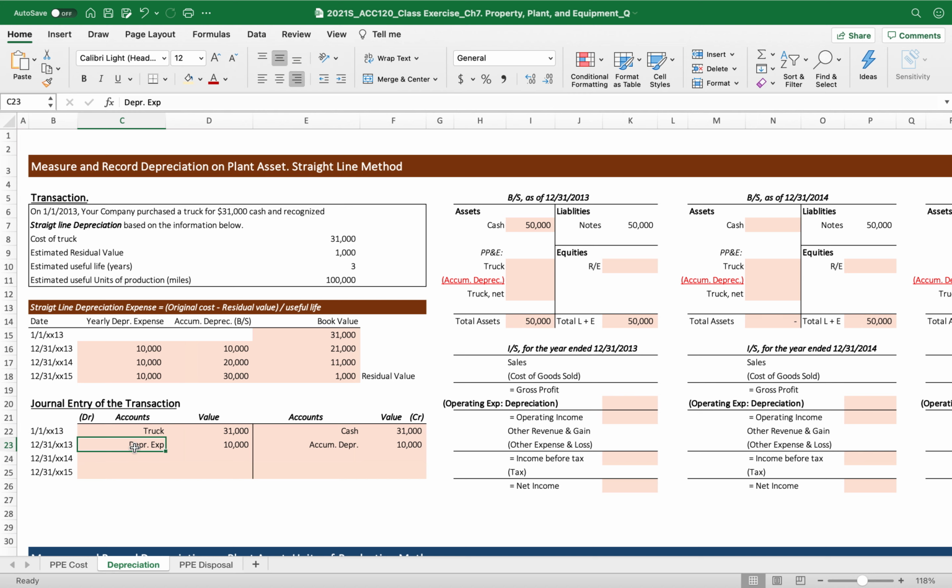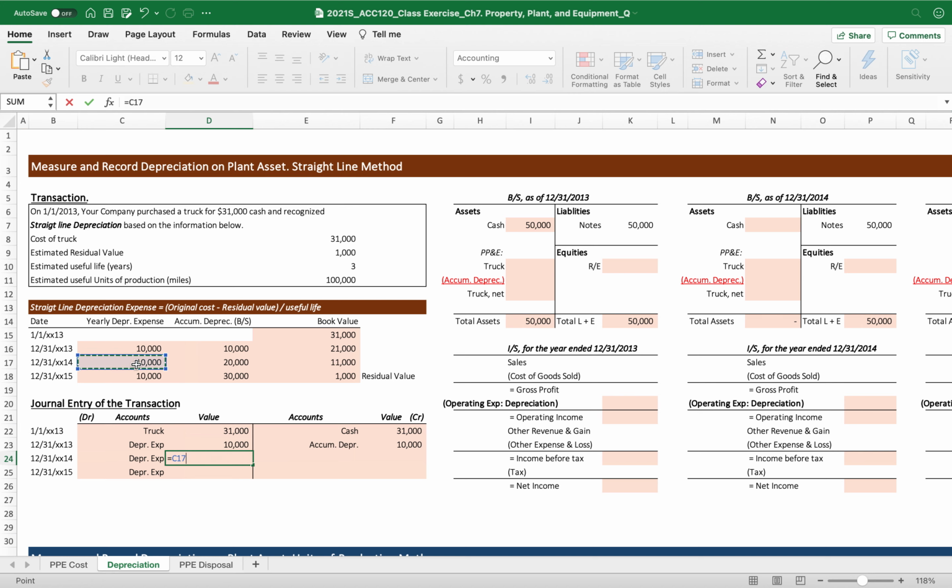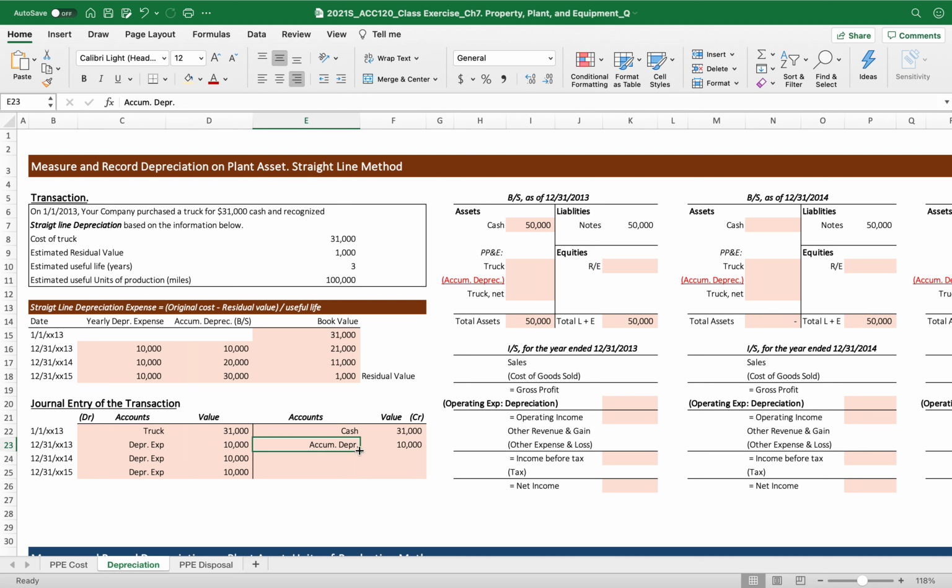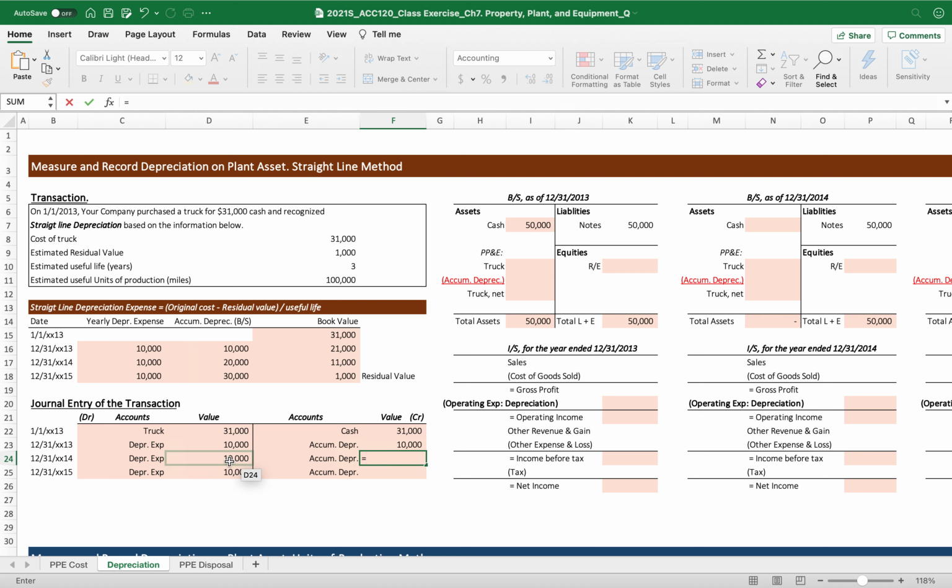Then the same account every year. Then this 10,000, this 10,000, and accumulated depreciation, the same name of account with the same value of that year's depreciation.